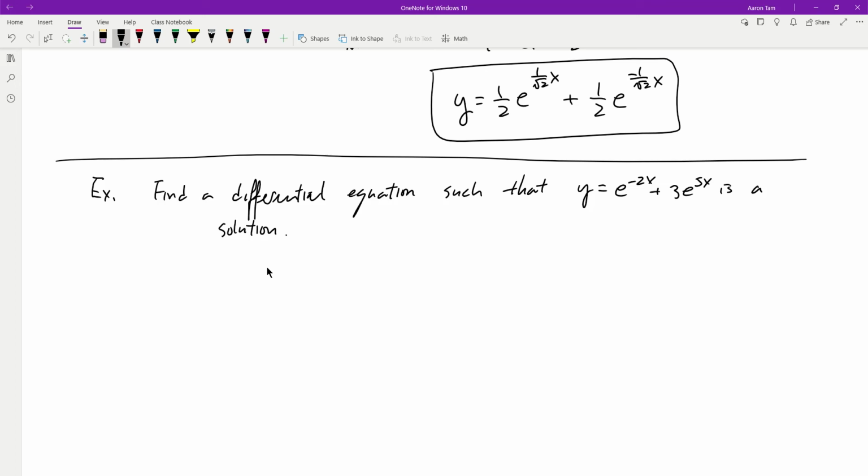So the way it works is the following. In this case, notice that we are given a specific solution and we try to find out what equation would give us this solution.